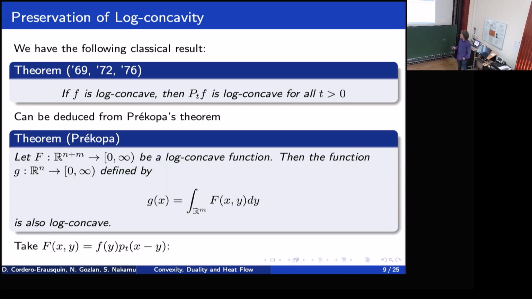It tells you that if you have a log-concave function and you integrate some of the variables, what you get remains log-concave in the other variables. Here you just apply this to F, to this product, which is log-concave in X and Y if F is log-concave. So this follows directly.